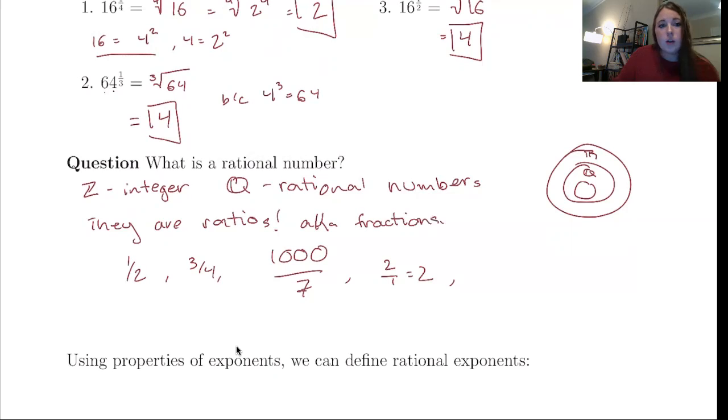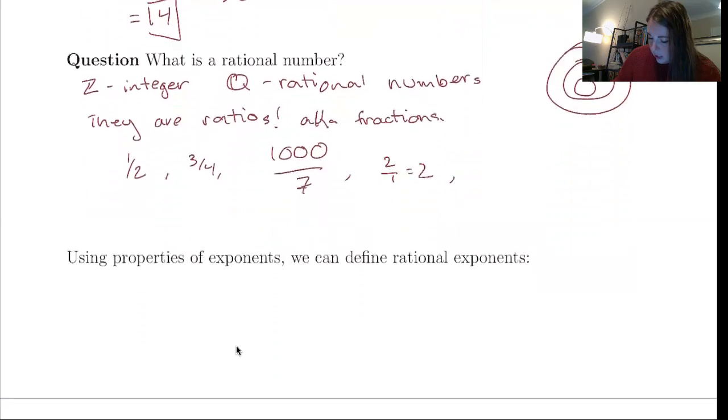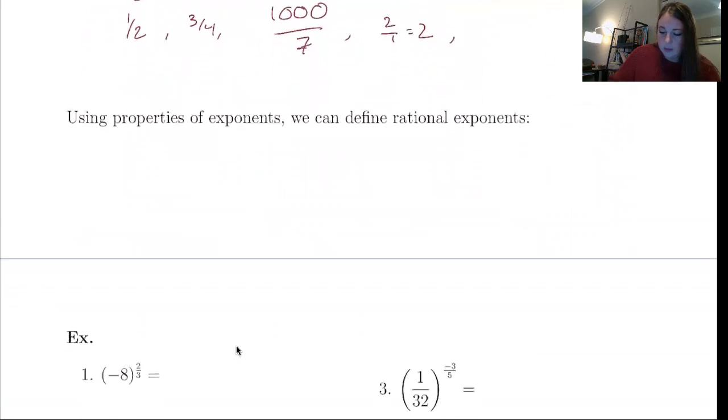All right. So some of the properties that we learned in Algebra 3, right? The properties of exponents, we can define rational exponents. So we just talked about the 1 over n case. Now what if it's just a random number over another random number? So we would say a to the m divided by n.